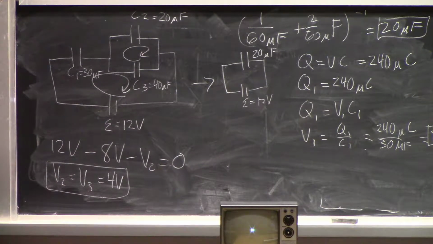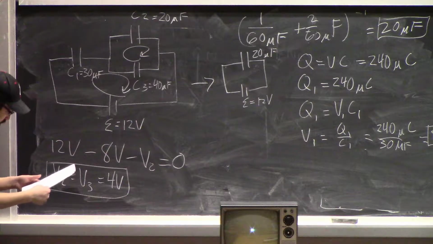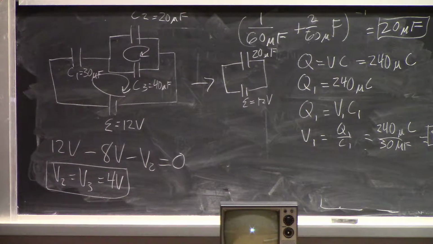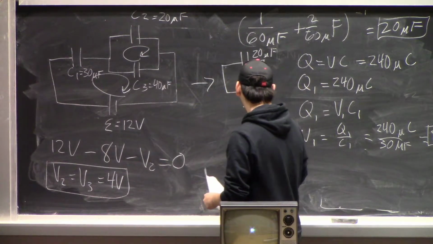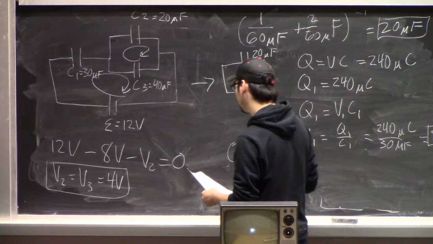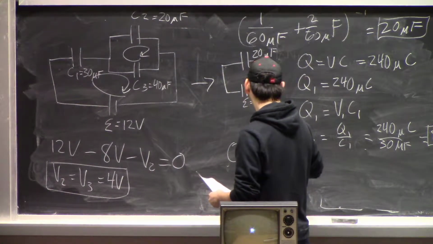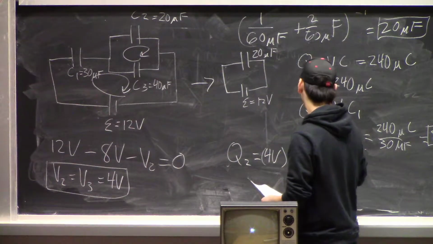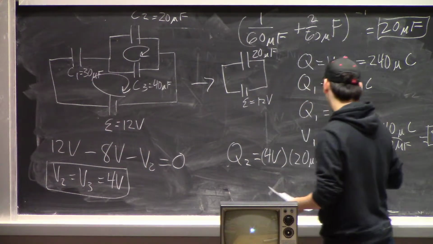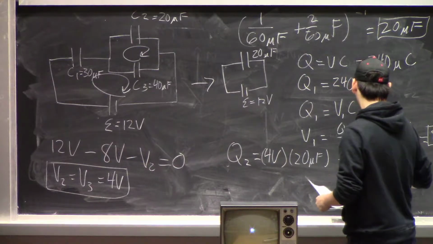So then the next part, we wanted to find the charge on C2 and C3. Now that we know the voltage, this is fairly straightforward. So Q2 is going to be equal to 4 volts times the capacitance here, which is 20 microfarads. And so this is equal to 80 microcoulombs.